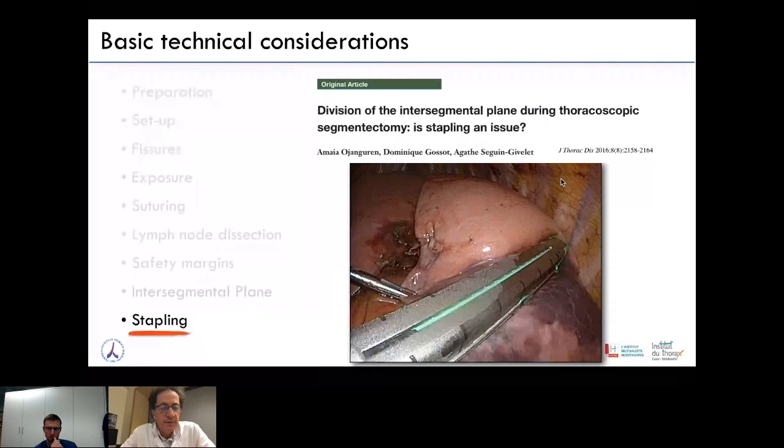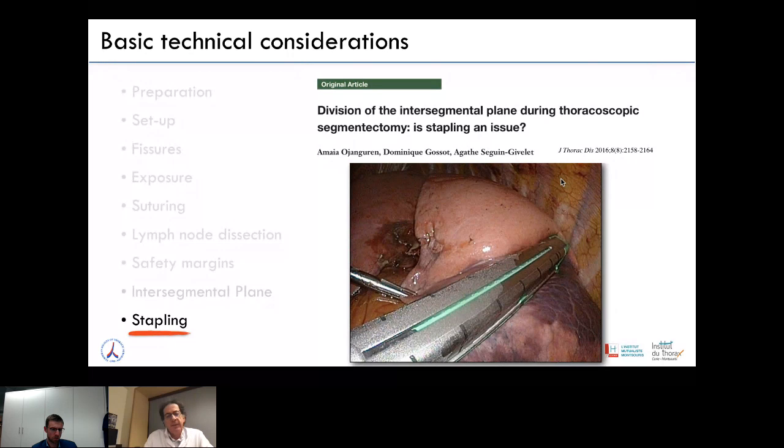One word about stapling, last part of the presentation. So as you see, some surgeons still think that stapling is not a good method because when you do that, you are losing valid parenchyma because you are doing some plication of the remaining segments.